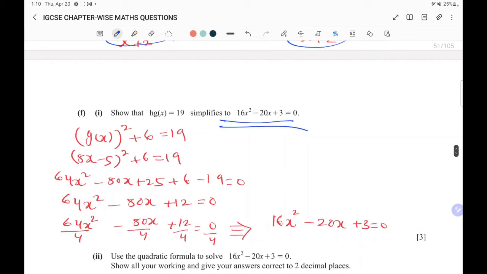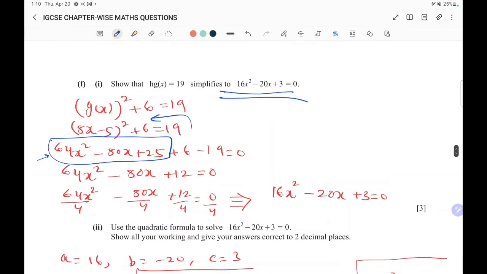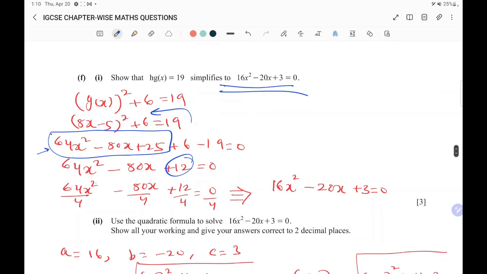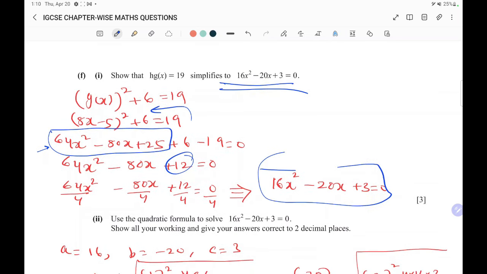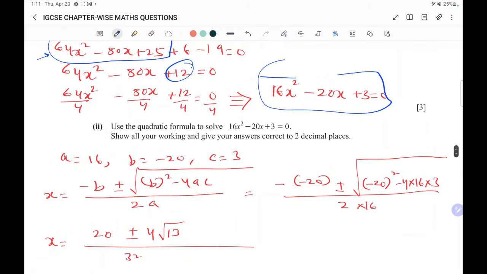Yes, gx squared plus 6 equals 19, and gx was 8x minus 5, so 8x minus 5 whole squared. Now expand this, you will get 64x squared plus 6, and shift 19 to the left side: 64x squared minus 80x plus 25 plus 6 minus 19 is plus 12. Now divide by 4, you will get this result. Now use the quadratic formula. A is 16, B is minus 20, C is 3.